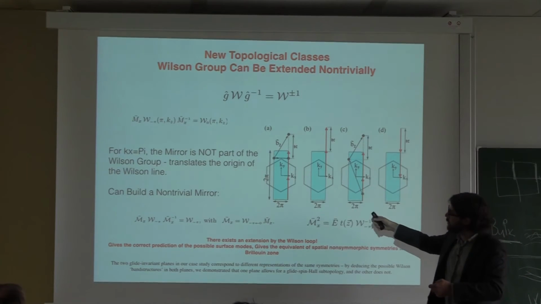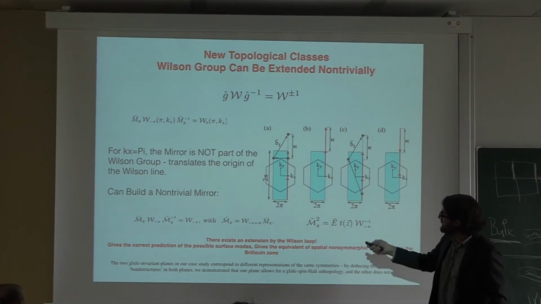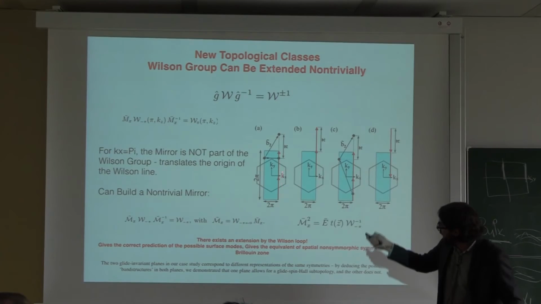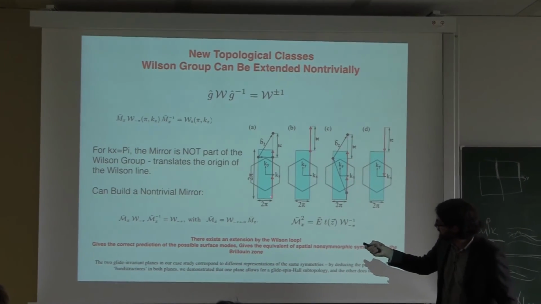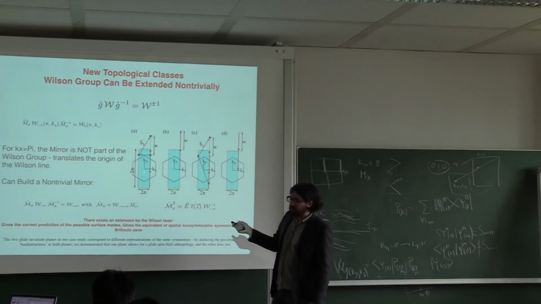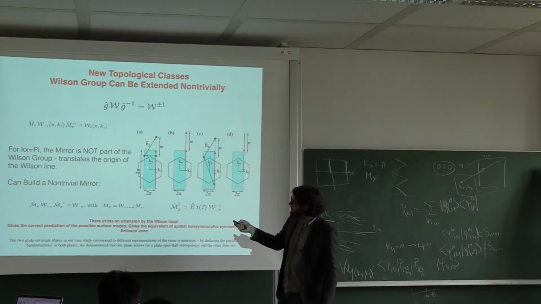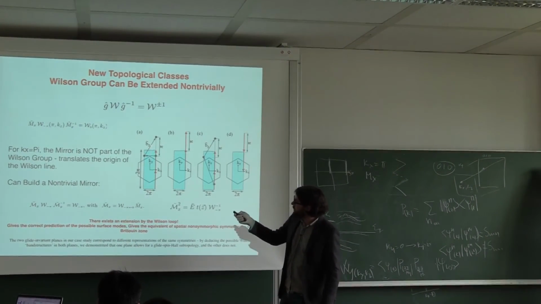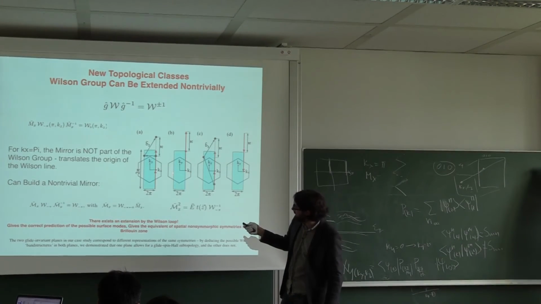Okay, the Wilson loop is taken as a function of ky here. So I'm taking the Wilson loop projecting here, and I'm going to apply mirror symmetry. If I apply mirror symmetry on kx equals 0, nothing happens. If I apply mirror symmetry on kx equals pi, I switch it to kx equals minus pi.